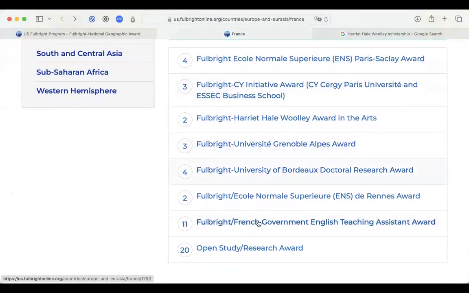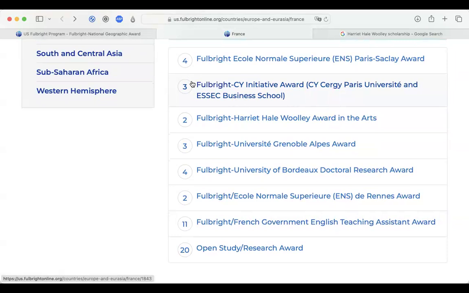There are 11 Fulbright English Teaching Awards sponsored by the French government, 20 Open Study Research Awards, and then we see 4, 7, 9, 12, 16, 18 additional special awards. So that's not a small number to be considering. If you just looked at this, you're missing out on almost half of the awards that are available.